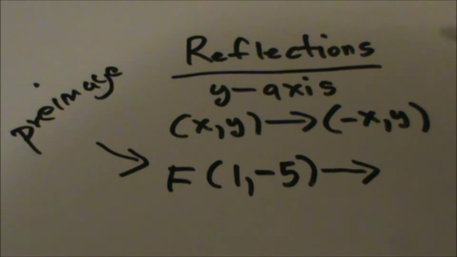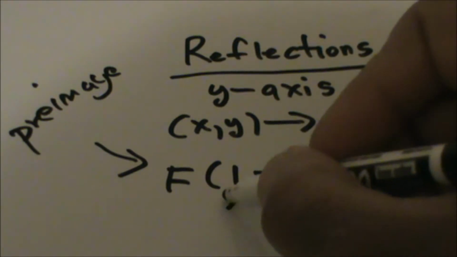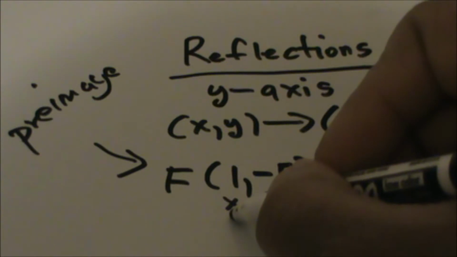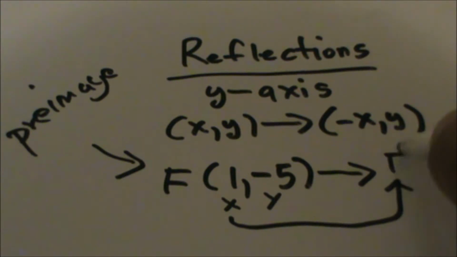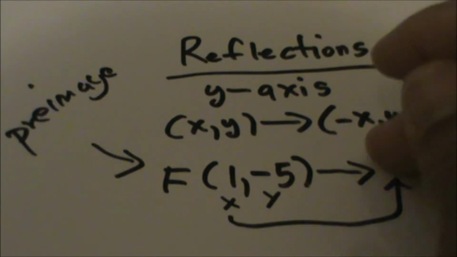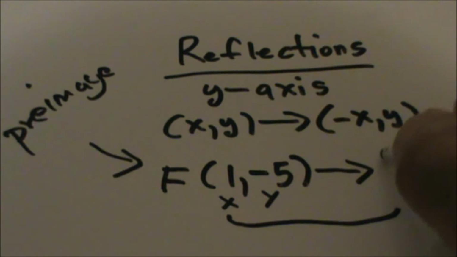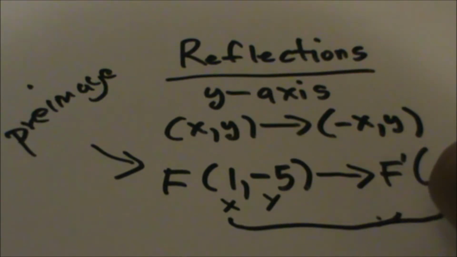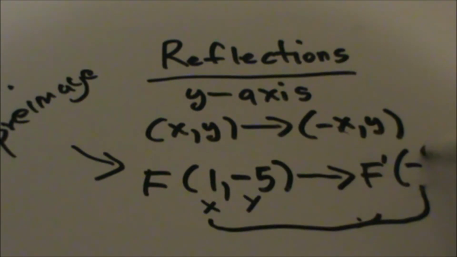Let's look at what x is right now. X here, and y here. X is positive, right? But in its reflection, F prime, X becomes negative.